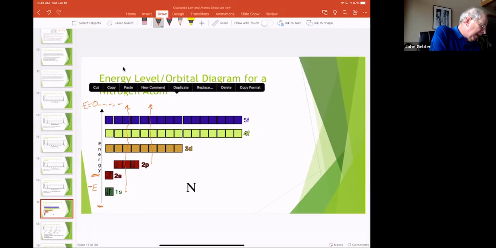So here's the binding energy for that 1s electron. Here's the binding energy for the 2p electron. So binding energy is just this positive energy that the atom has to absorb with a photoelectron to remove that particular electron. And we call that energy the binding energy.